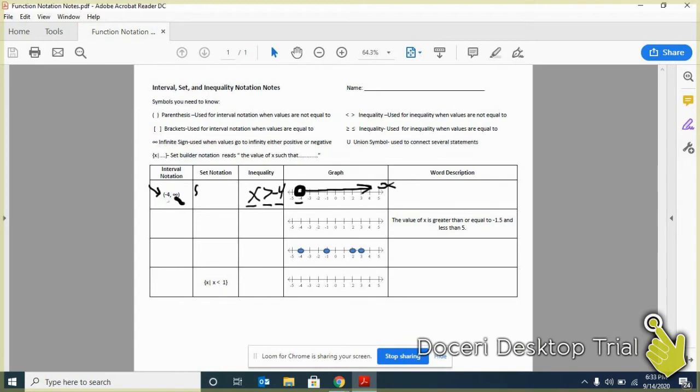I want all values of x such that x is greater than -4. That's what that means. And then verbally, the word description: all values of x greater than negative 4.